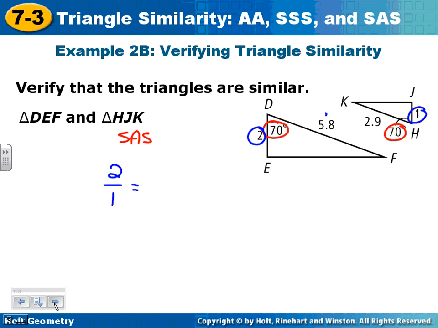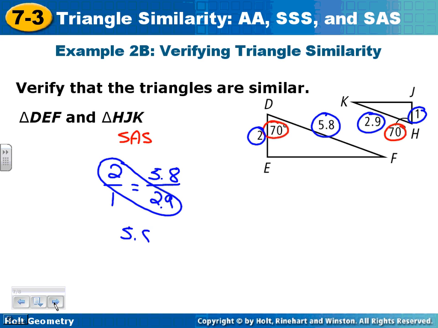And then 5.8 corresponds to 2.9. So I'm going to write 5.8 over 2.9. Cross multiply. 2 times 2.9 is 5.8. And of course, the other direction, 1 times 5.8 is 5.8. So yes, they're in proportion. Are those two triangles similar? The answer is yes. Why are they similar? Because of side, angle, side.